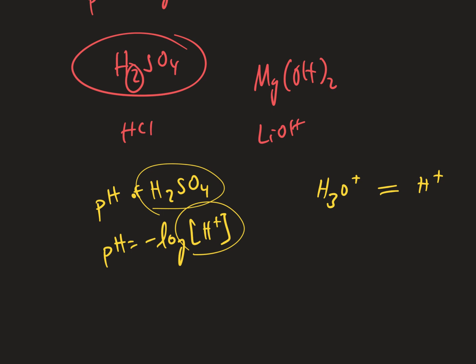No, because really, H3O plus is just H plus aqueous, H plus with water, right? That's all it is. And when we're dealing with acids and bases, they're always aqueous. Yeah, so some books like to use H3O plus and some like to use H plus.